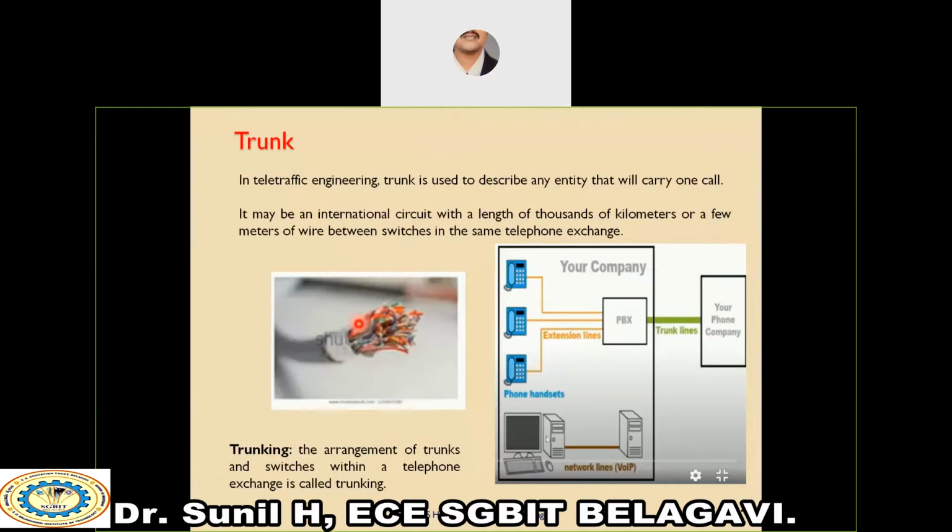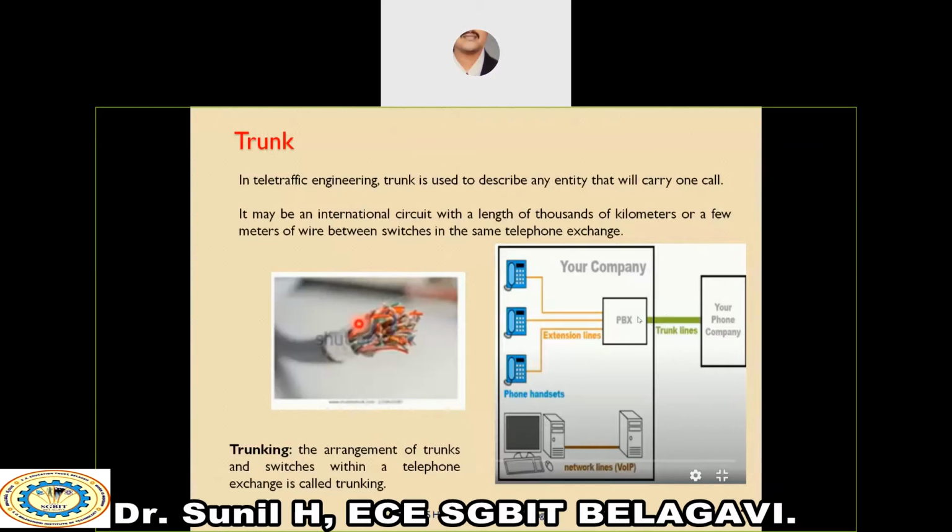With the help of trunk lines, they are connecting calls to different phone users or different subscribers, from the telephone company through trunk lines to the different subscribers, where the calls are going to be monitored by using these servers. A computer is there with the help of different network lines, and they are monitoring the different subscribers' calls.